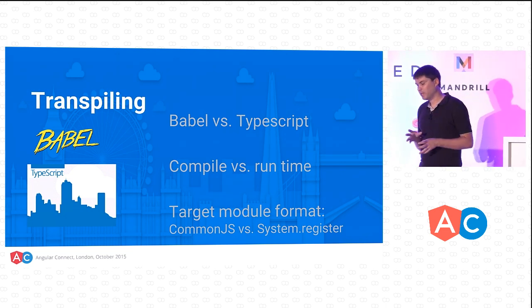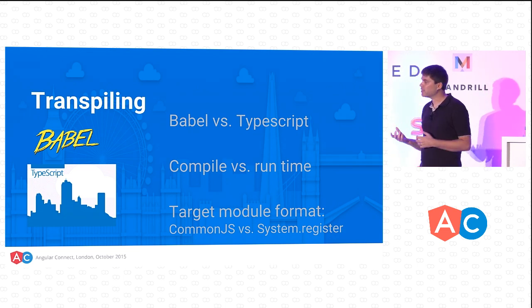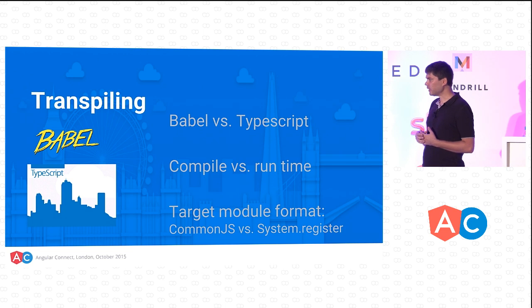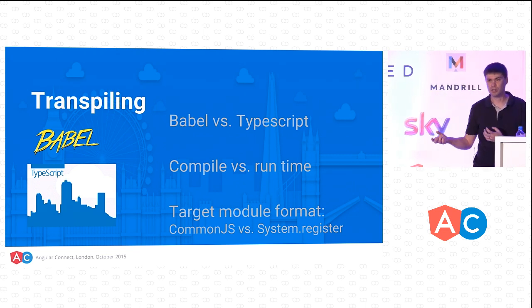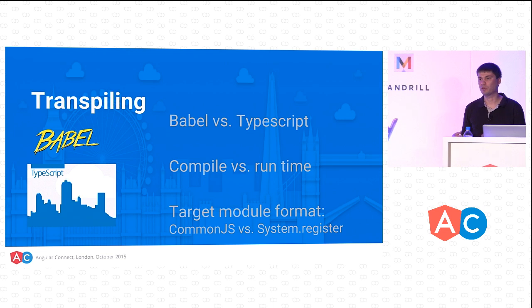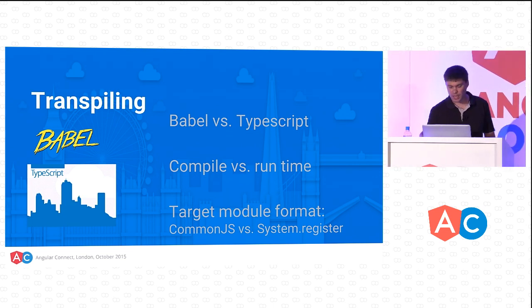But I think today, the real choice is only between CommonJS and System Register, because AMD is slowly going out of fashion. We've got very rich tooling for CommonJS. And we've got this System Register format, which is slightly artificial, in the sense that it was created to support full semantics of ES6, including circular dependencies. So it's kind of an artificial format because you wouldn't author in it, you wouldn't write code using this module format, but you can still transpile code to this format.